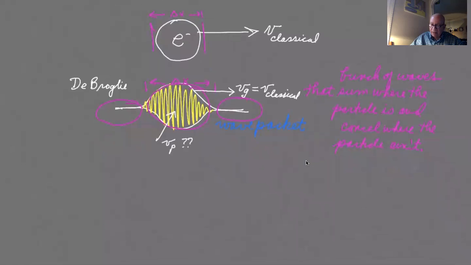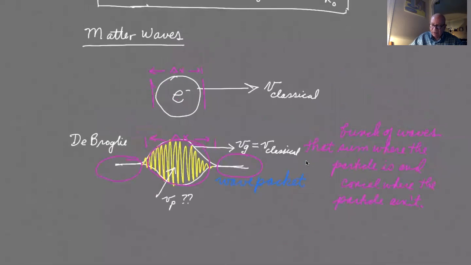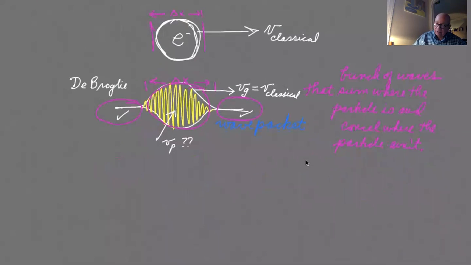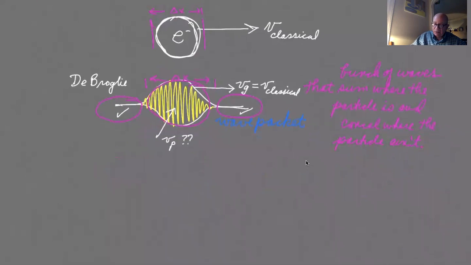Okay, so that's de Broglie's notion: we have a particle, and we form a wave packet that has some wave properties. The waves that we use to make up this wave packet have constructive interference where the particle is, destructive interference where the particle ain't.